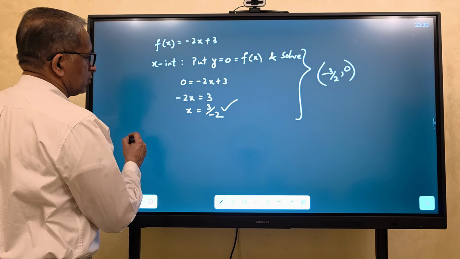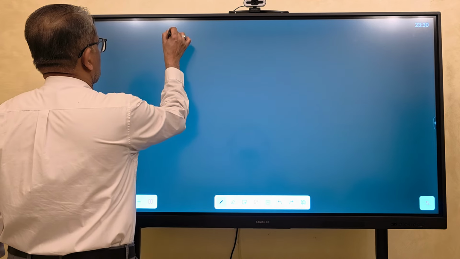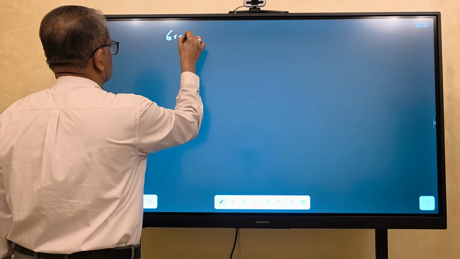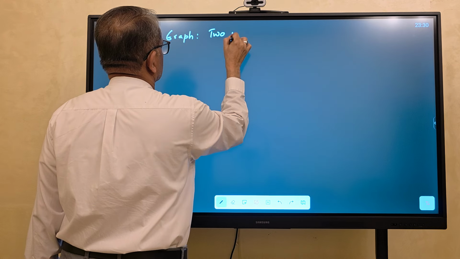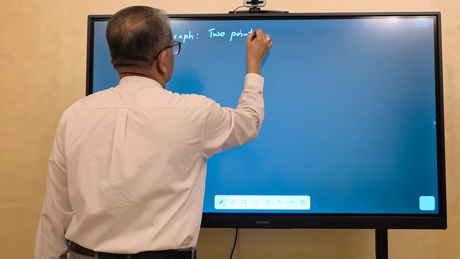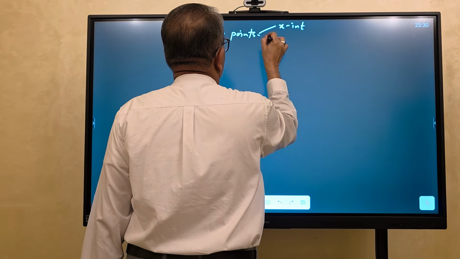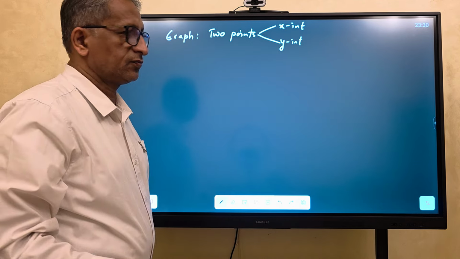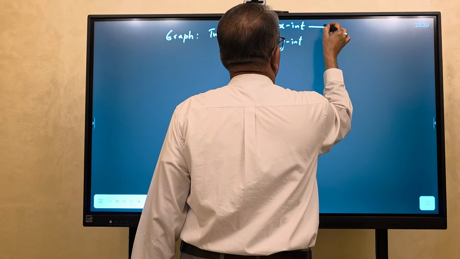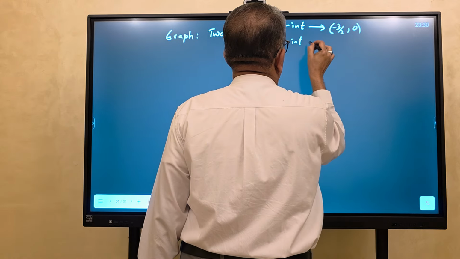Now I will come to the graph. For the graph, you take 2 points: 1, the x-intercept, 2, the y-intercept, which we already found. What is the x-intercept? Minus 3 by 2 comma 0.